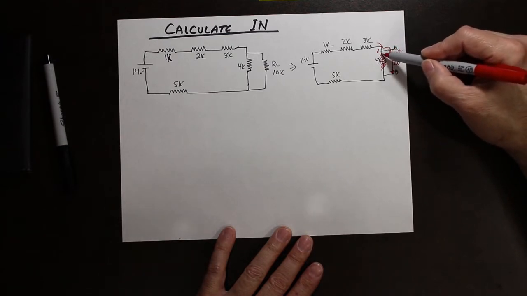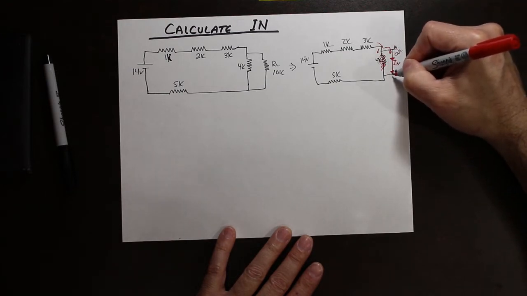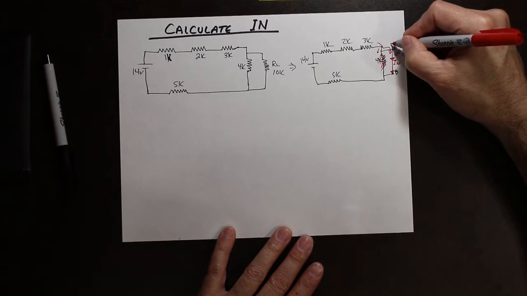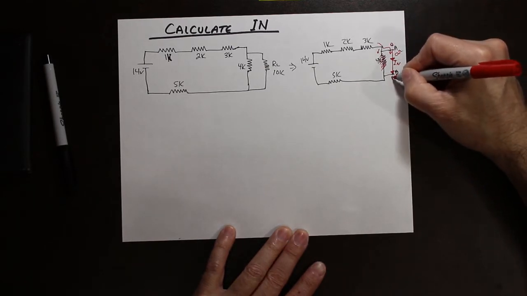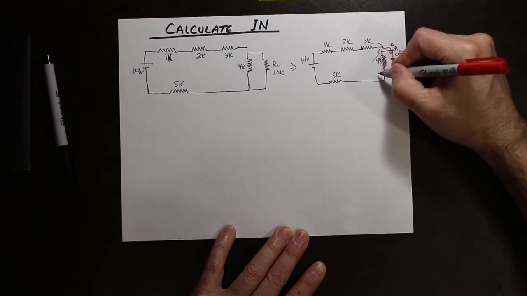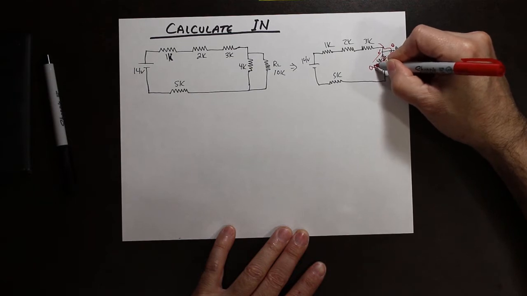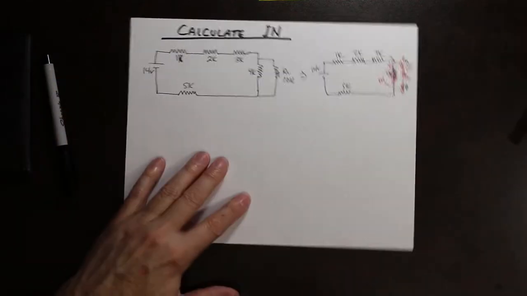So it's like this is not even there. This is a short circuit. So that means the voltage drop from this side to this side of a wire is 0. So this resistor is completely out of the question now.